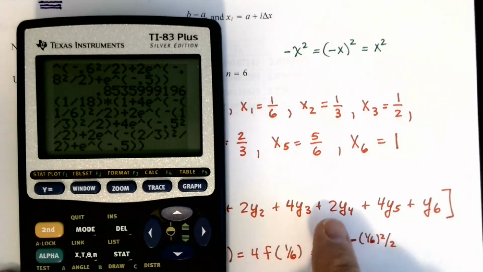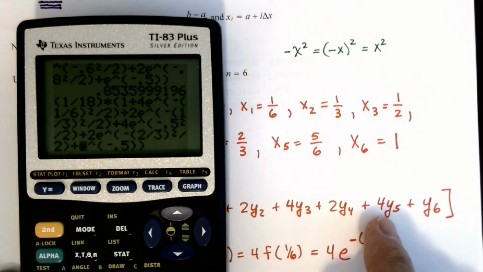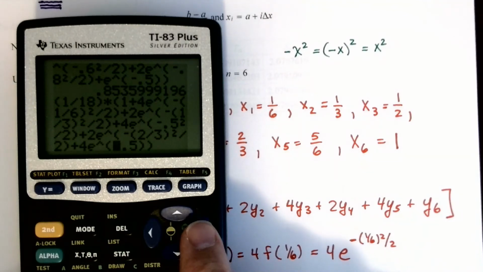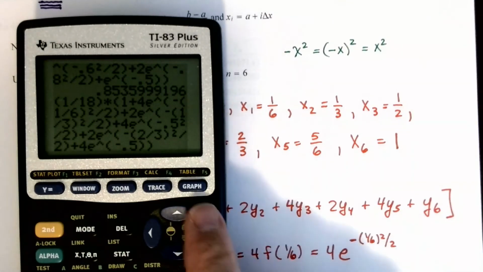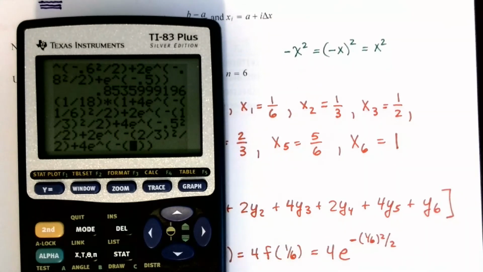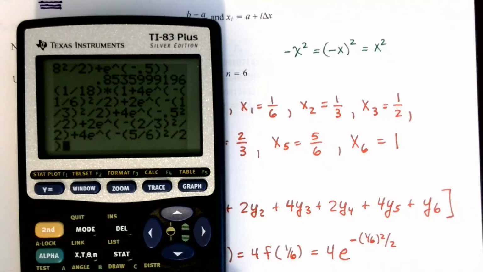And then plus 4y sub 5. So here I'm going to have to insert a 4. And x sub 5 is 5/6. So that's going to be e to the negative 5/6 squared, divided by 2, close the parentheses on the exponent.